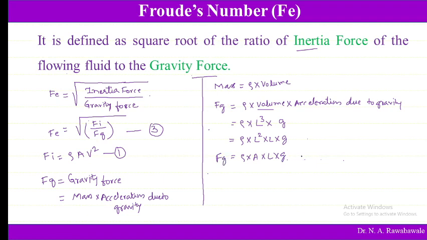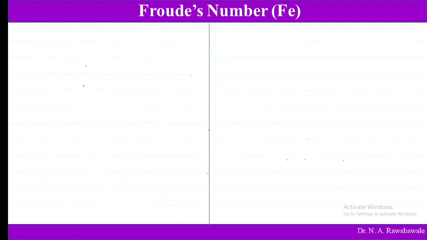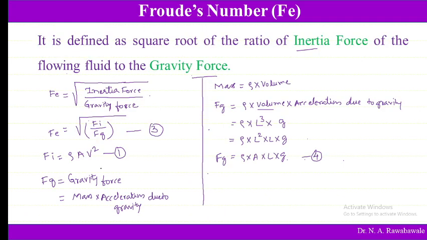We call this equation number 4. So now we can define Froude's number. Fr is equal to square root of Fi divided by Fg. Fi is square root of rho a v square from equation number 1.